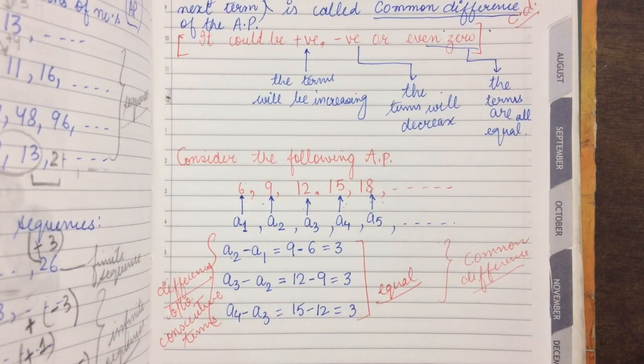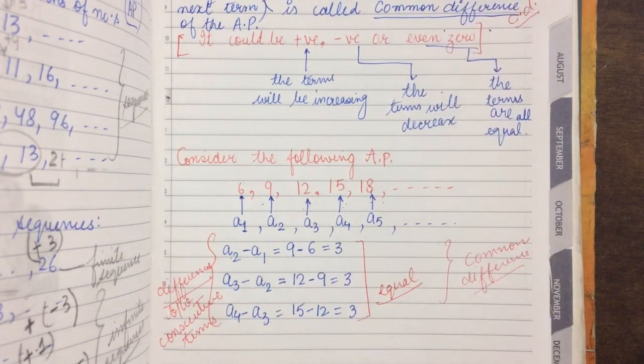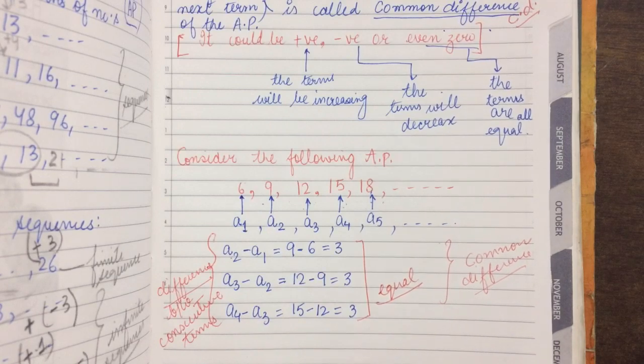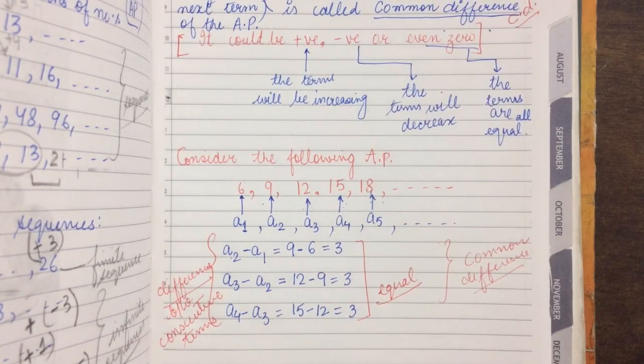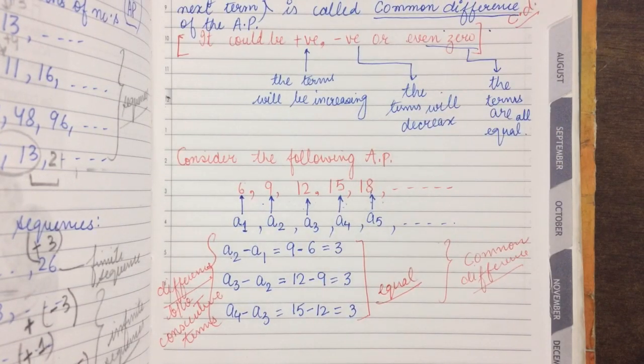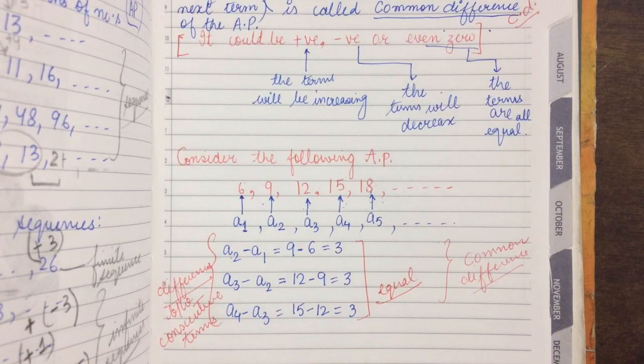You could take any two terms from the sequence that forms an AP. And if you take the difference between any two consecutive terms, remember when you take the difference, you always have to write the term minus the previous one. The difference would be the same throughout. And the difference is referred to as the common difference.